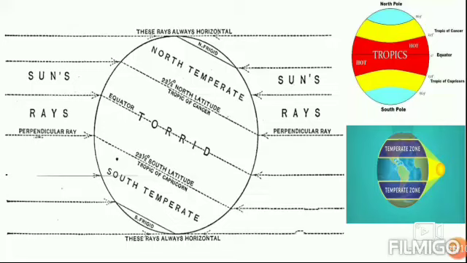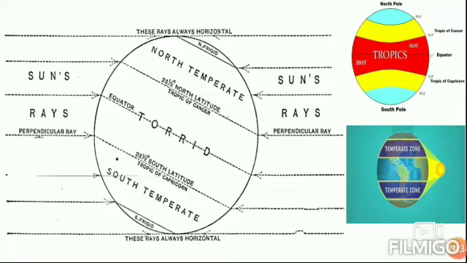Why? Because the angle of the sun rays decreases here. It means that the North Temperate Zone and the South Temperate Zone receive the slanting rays of the sun. Not complete, but with a decreased angle.